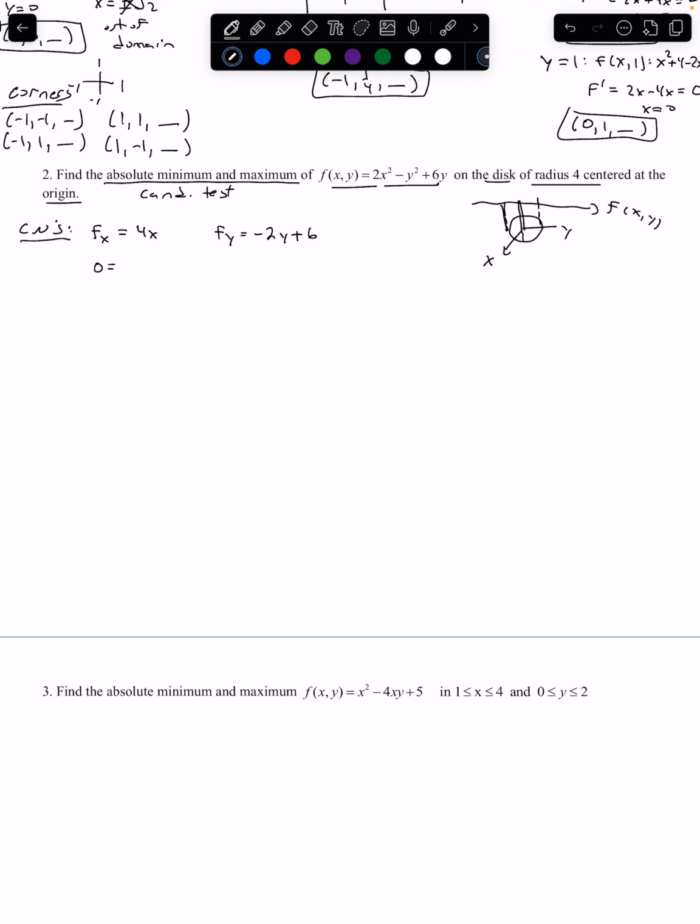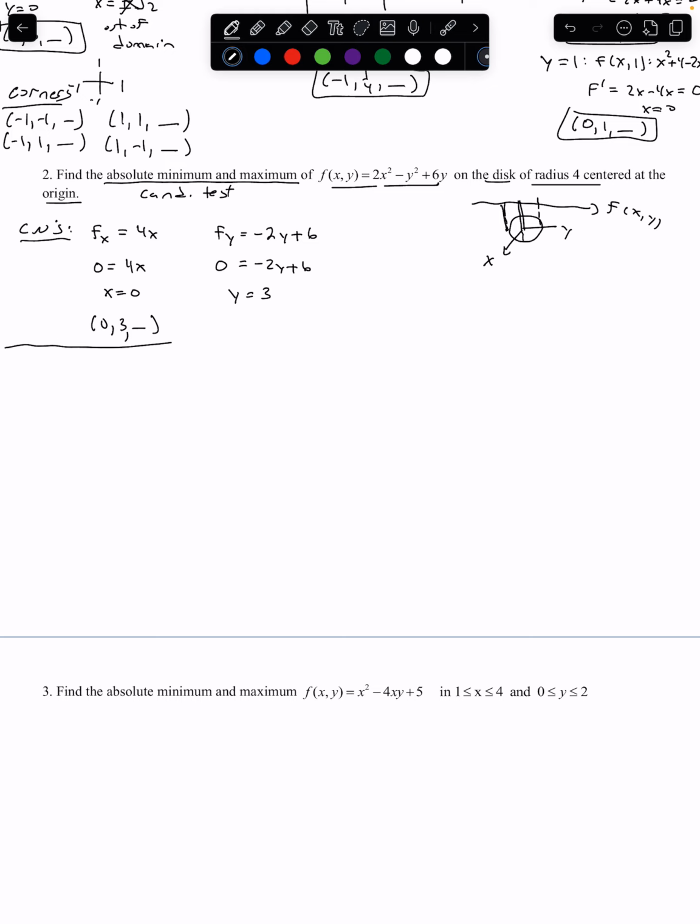So if we set the partial with respect to x equal to 0, we get x is 0, and if we take the partial with respect to y equal to 0, we're going to get, of course, y equals 3. So one of our possibilities is going to occur at the point (0, 3, blank). We've got to find that z value there. We'll do that later on.